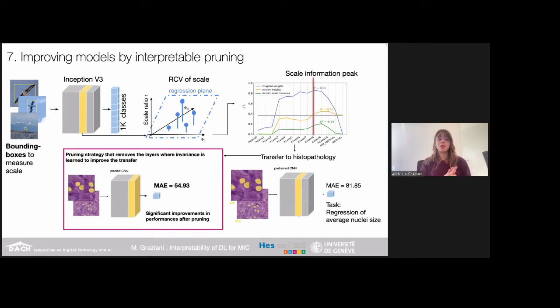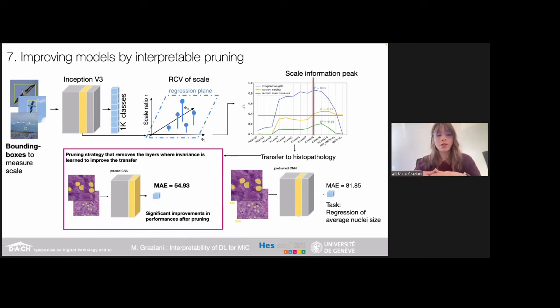Then, as I mentioned before, another objective that I had was not only understanding existing models, but also showing that we can use this knowledge to generate better and more accurate models, to see where the models that we have are failing, and how we can improve and correct for those failures.